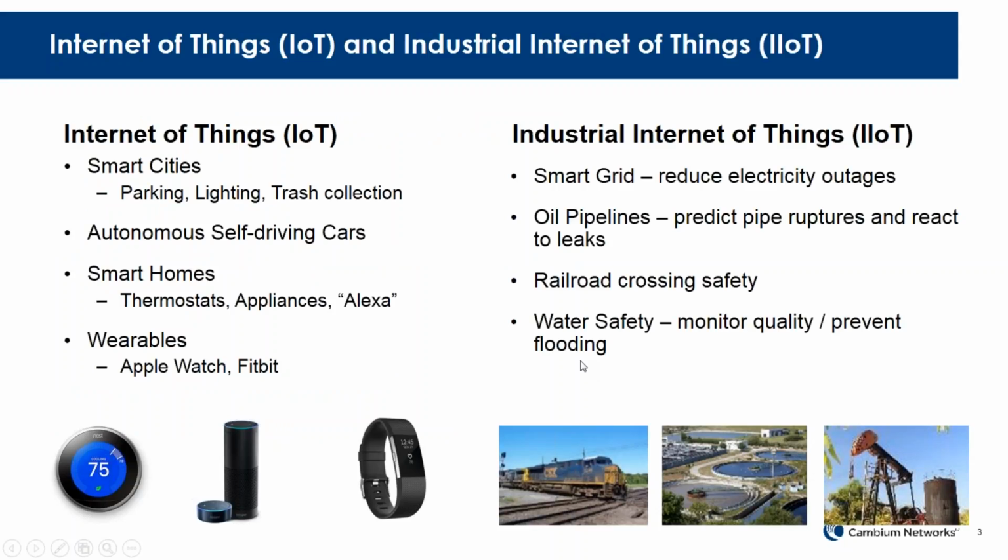So starting with the topic that you see almost every day in the news, if you pick up the newspaper, you'll see references to the Internet of Things. And when you hear about Internet of Things, people say, well, what is that exactly? The way I like to think about it is anytime you have an object that has some sensors on it, and that object now has connectivity to the Internet.